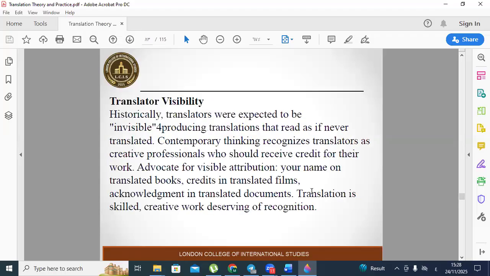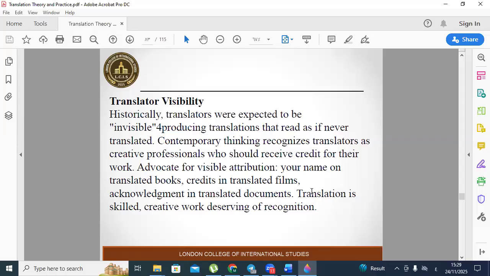So let's move to translator visibility. Historically, translators were expected to be invisible, producing translations that read as if never translated. Contemporary thinking recognizes translators as creative professionals who should receive credit for their work. Advocate for visible attribution: your name on translated books, credits in translated films, acknowledgment in translated documents.